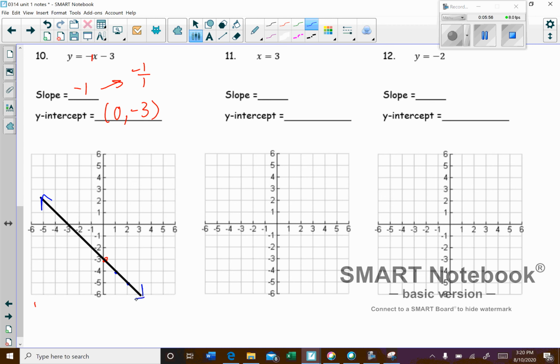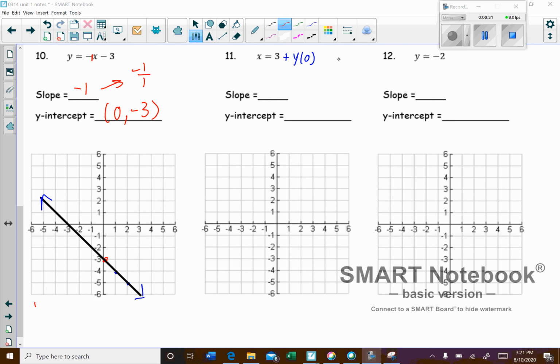All right. So looking at number 11, I have x equals 3. Well, that's interesting. There's an x, there is no y value. That's weird. So what's going on here is this is a special case of a line. It actually is going to create a vertical line. So the way you could think about this is you could have plus y times 0.